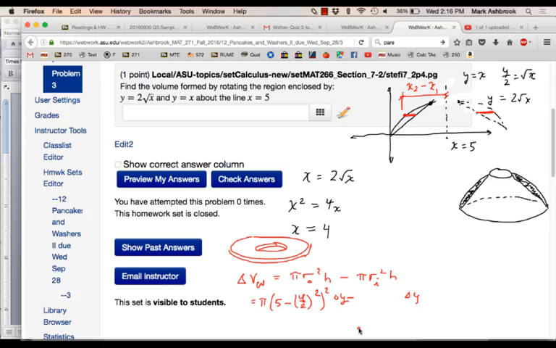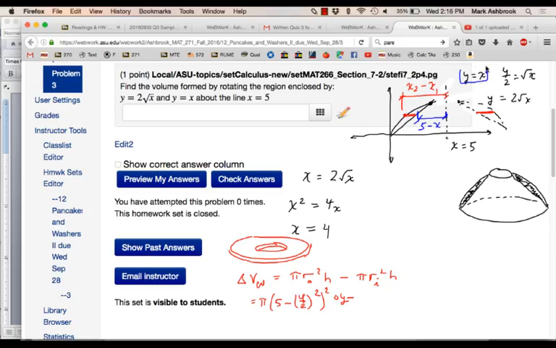And now we've got the second one, which is the inner radius. The inner radius is from here to here. Change in x can be 5 minus x, where x is now this equation.